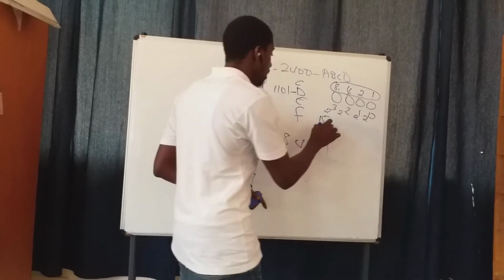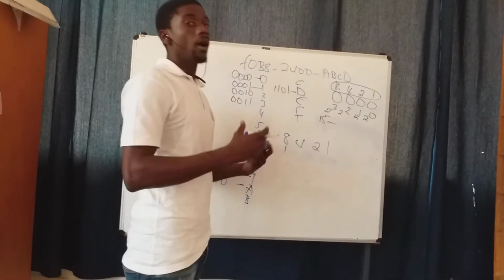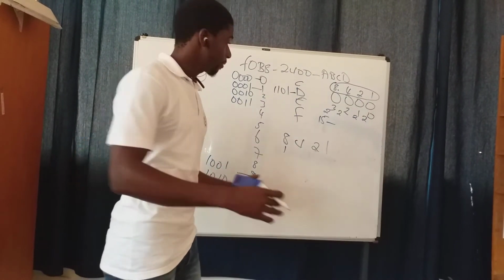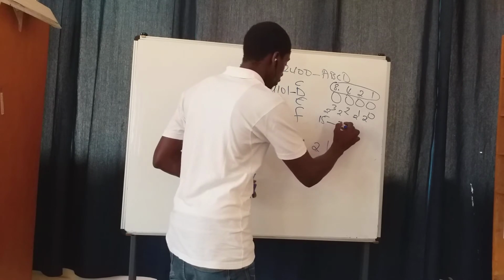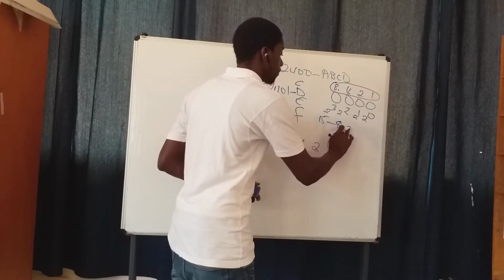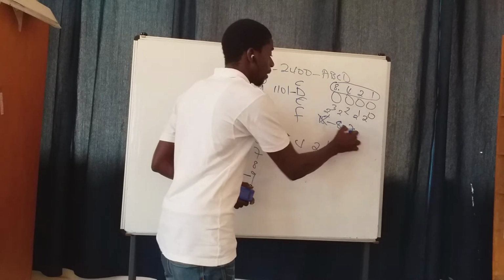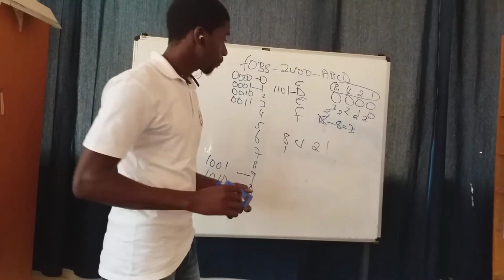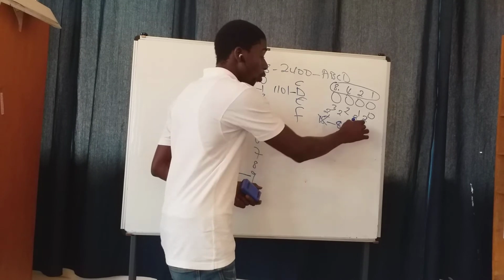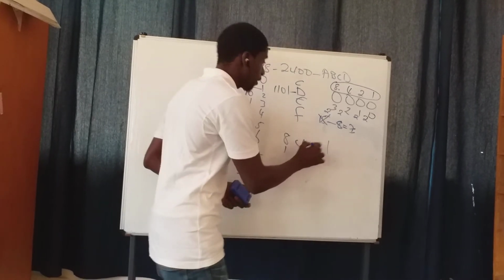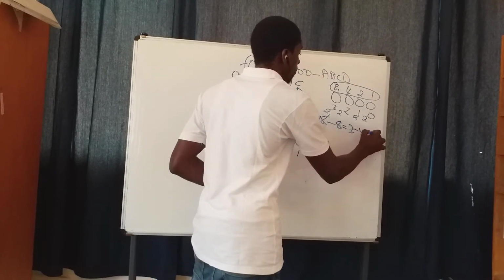Yes. If I minus 8 from 15, how much am I left with? 7. So 15 is out. I am having only to deal with 7. Can 4 go into the remainder of 7? Yes. If I minus 4 from here, I am left with 3.